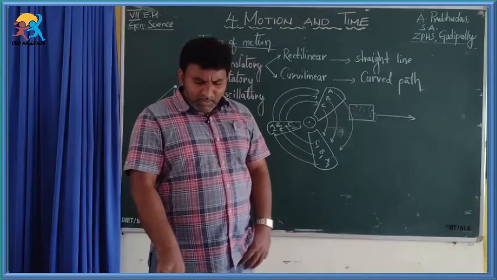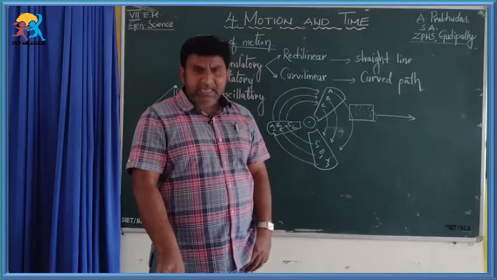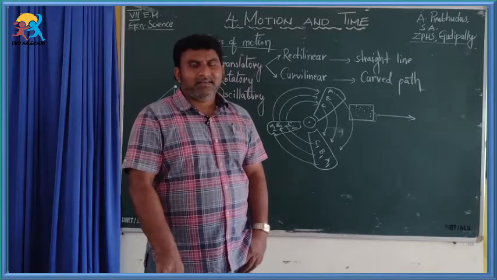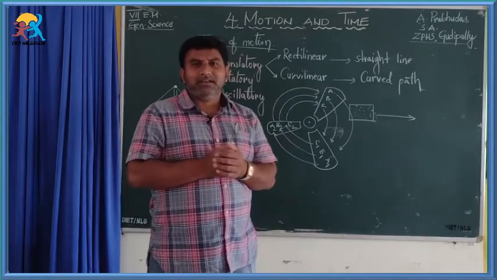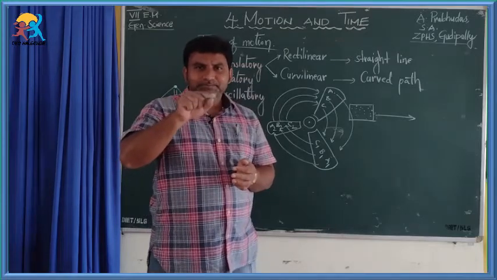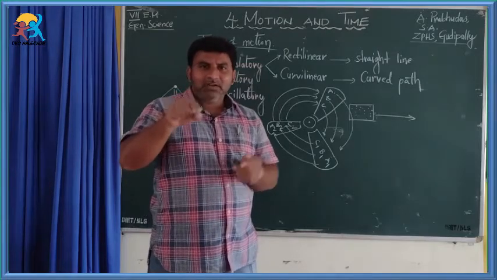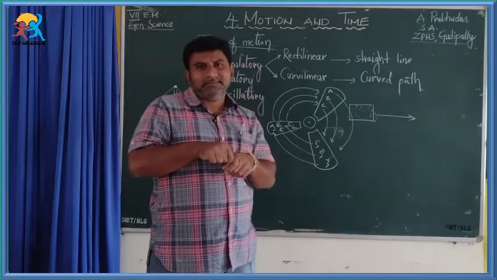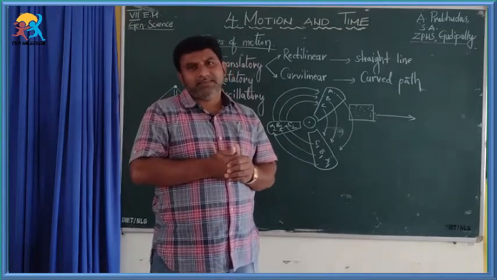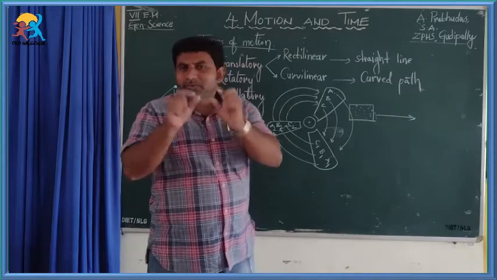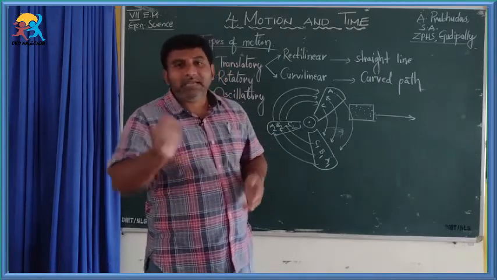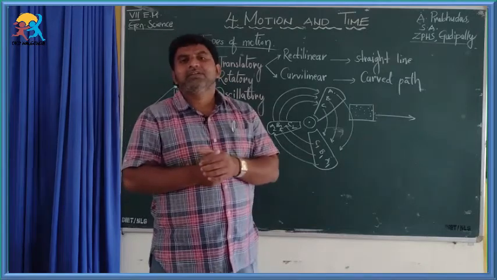And third, movement of a tape in a tape recorder. If you observe the tape recorder while it is playing, the tape winds around two wheels. If you closely observe that tape, you can see what type of motion it shows.